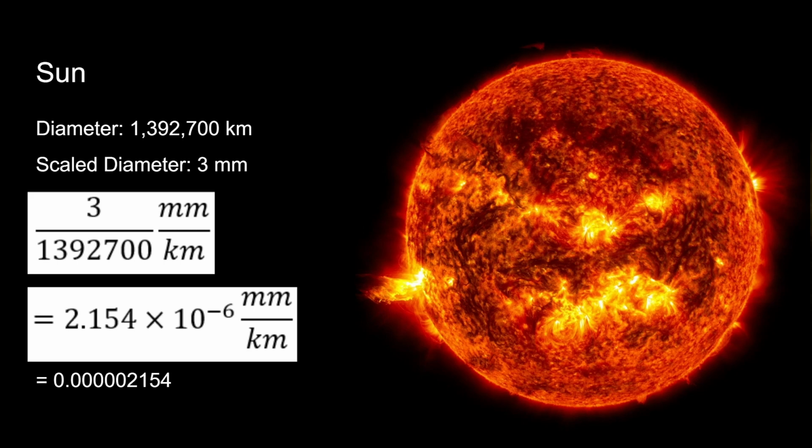So I'm going to leave it in the units that they're actually in right now, and it'll make sense in a minute. So if you do 3 divided by this number, you get it equals 2.154 times 10 to the negative 6 millimeters per kilometer.